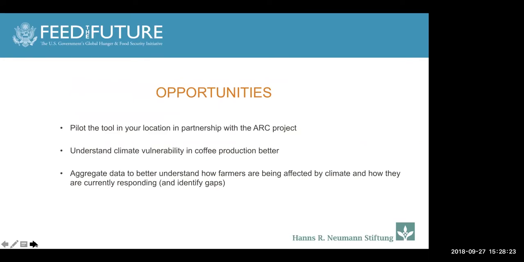And as we create more databases, we will be able to understand how farmers are being affected by climate change and how they are responding in different years. So thank you very much, and we will be happy to answer any questions. And please contact us if you would like to work with this tool.